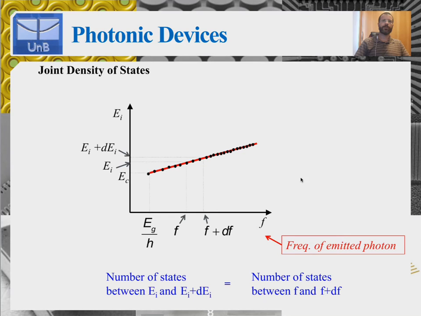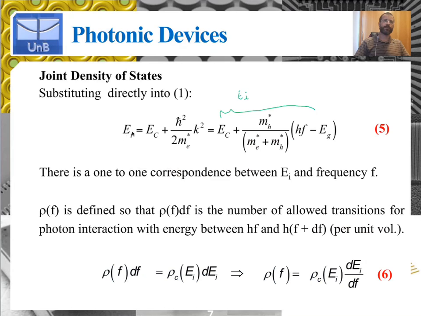And we know some points on this line. For example, for Ei equal to Ec, if we substitute Ec here, then this term right here has to be equal to 0 because Ei is equal to Ec. For this to be 0, we have to have Eg equal to hf.